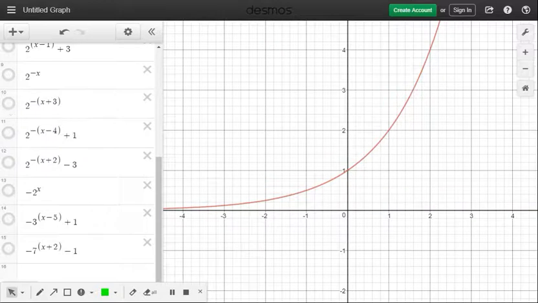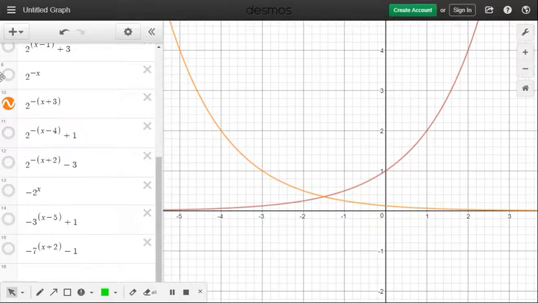Now, say that we still have the negative on the x, but it's now 2 to the power of negative x plus 3. So this time we have a plus 3 with the x. What's going to happen? Let me bring back the other graph. The green one is the one that was reflected because it has a negative on x.